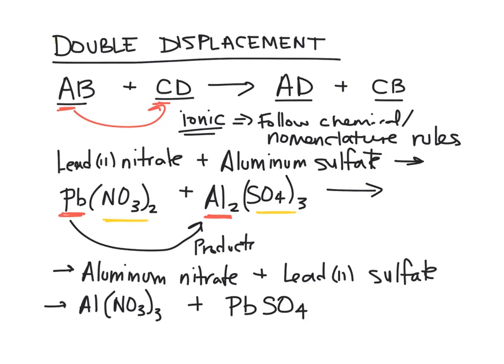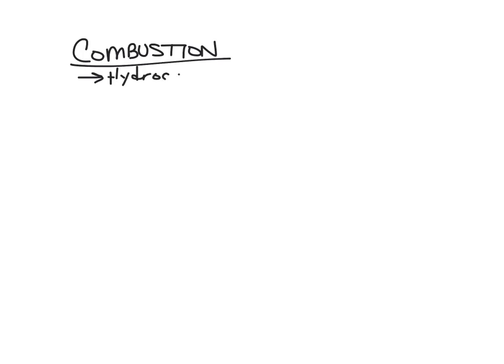So that's double displacement. There is one other type of reaction that you should be aware of, is the combustion reaction. Okay, and combustion's a little odd. It's usually the production of heat using oxygen, and it's often a hydrocarbon plus oxygen reaction.